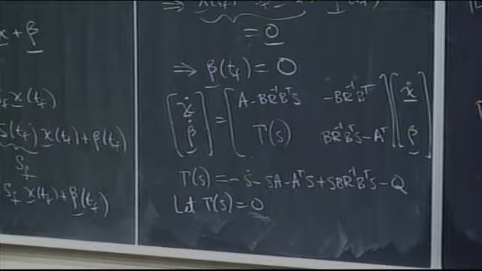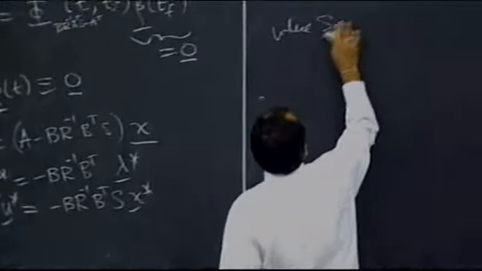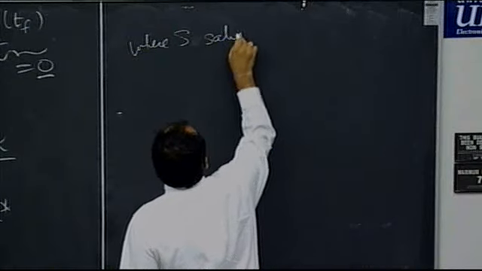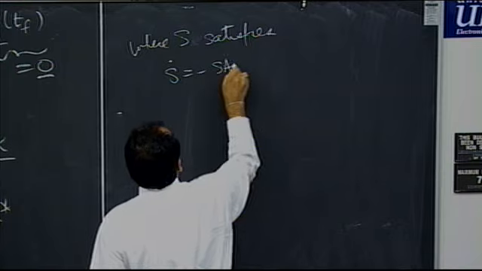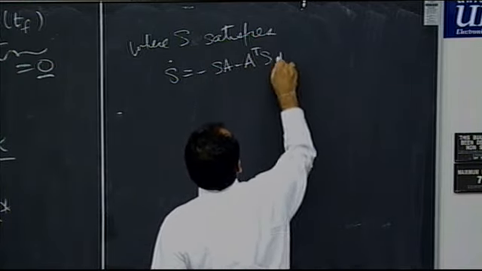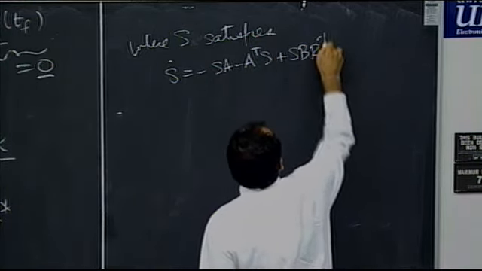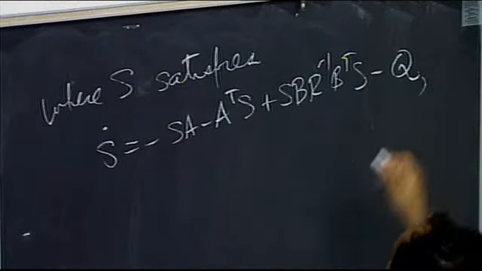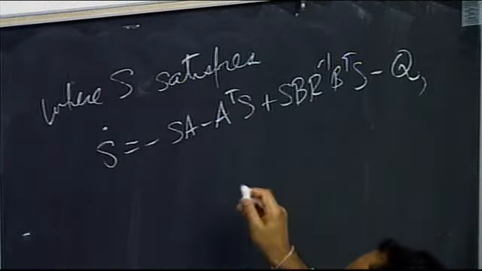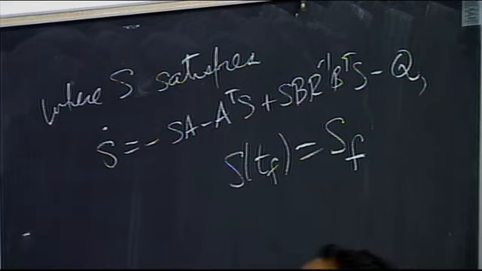So S satisfies S dot is equal to minus SA minus A transpose S plus SB R inverse B transpose S minus Q, with the final condition that S at TF has to equal SF. This I told you before. This is what's called the Riccati differential equation.